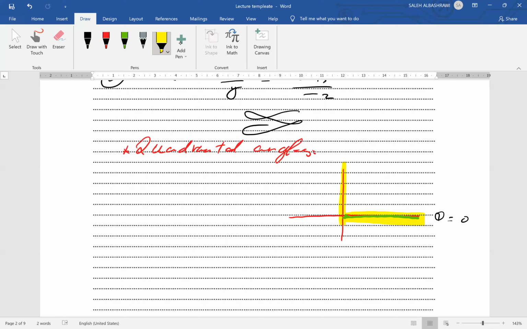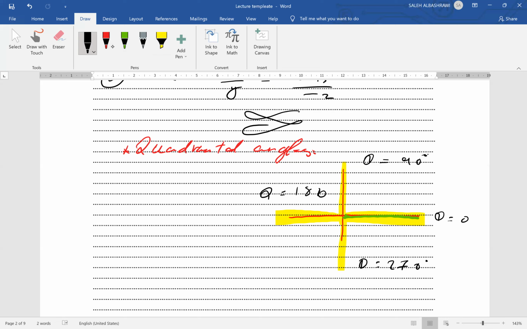If the terminal side is lying on the positive y-axis, this will give me theta equal to 90. If the terminal side is on the negative x-axis, we'll have theta equal to 180. And if it is on the negative y-axis, then theta equal to 270. So these are quadrantal angles.